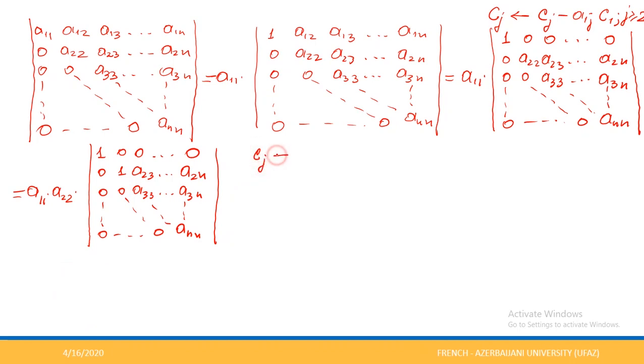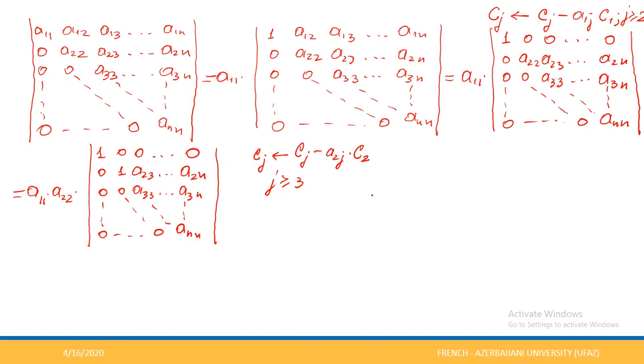Then here we use this elementary operation. Instead of the jth column we write the jth column minus a2j times the second column, and here j is greater than or equal to 3: third column, fourth column, and so on, nth column.